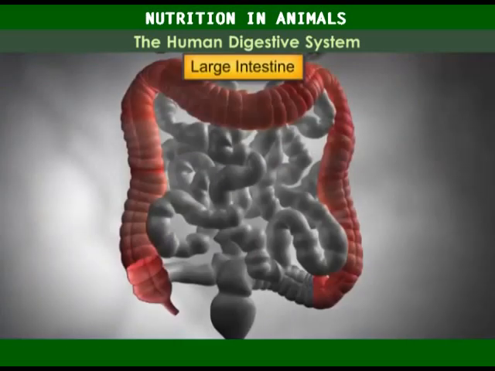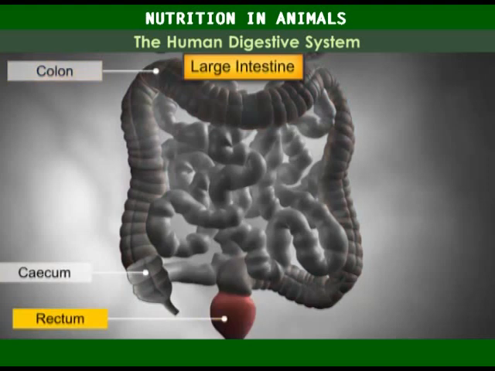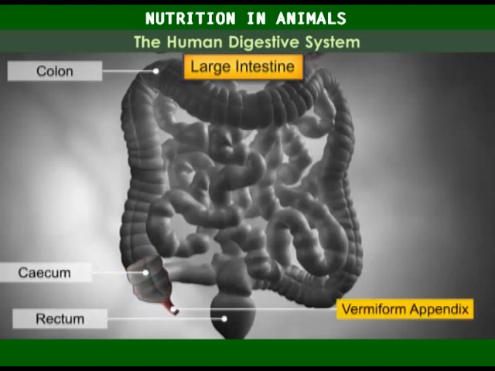The large intestine is divided into three regions: the cecum, colon, and rectum. The cecum, a small blind sac which holds some symbiotic microorganisms, is not as well developed in humans as in ruminants. In humans, the cecum gives rise to a narrow finger-like tubular projection, the vermiform appendix, which is vestigial or functionless.